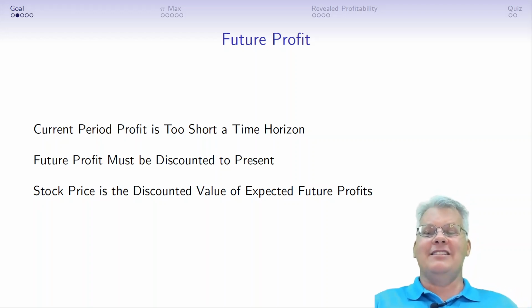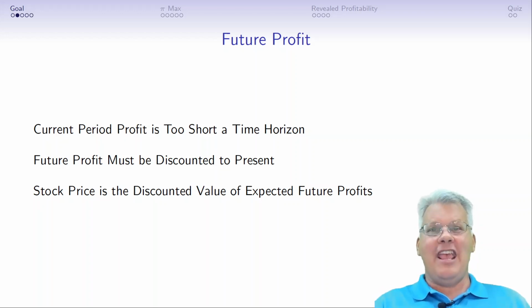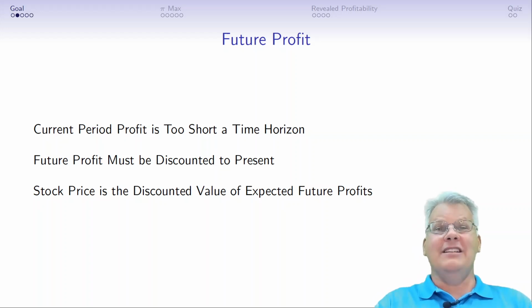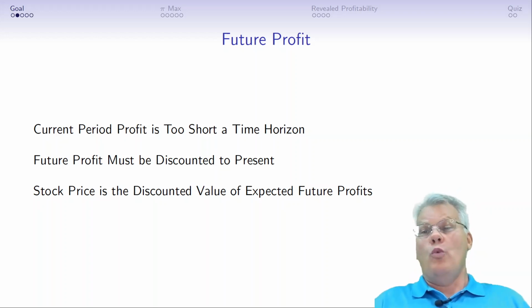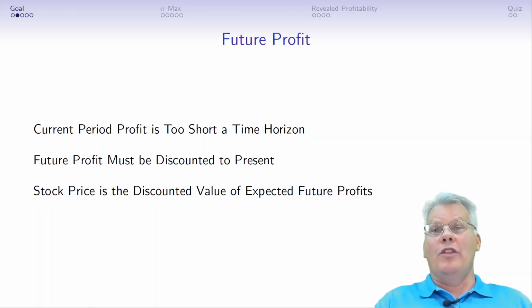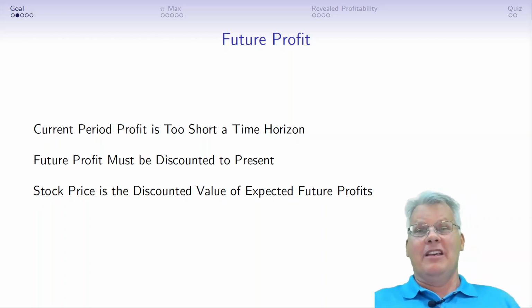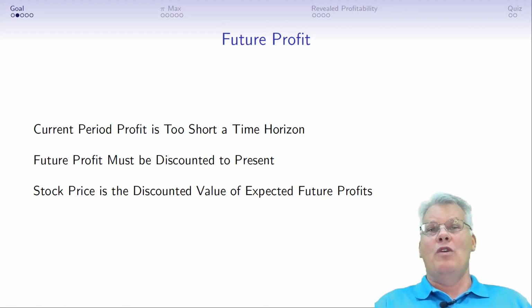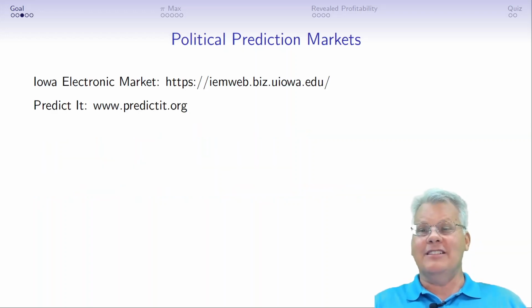So in that sense, the stock price today is traders' best guess of the present discounted value of future profits. So we could argue that the goal of the firm really is stock price maximization, because stock price represents the market's expectation of future profits.